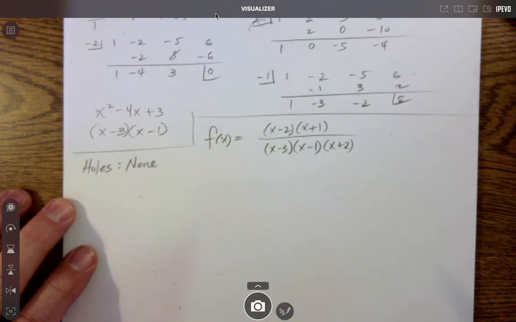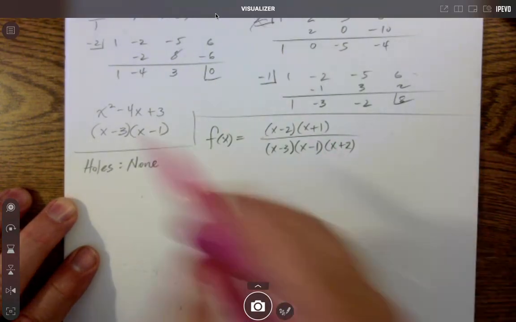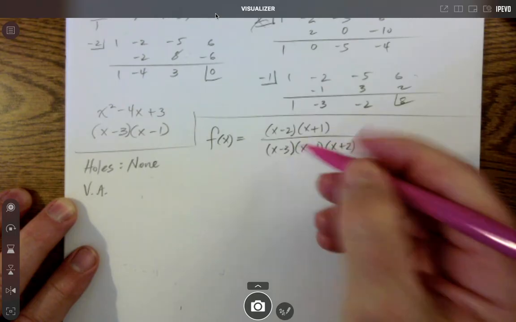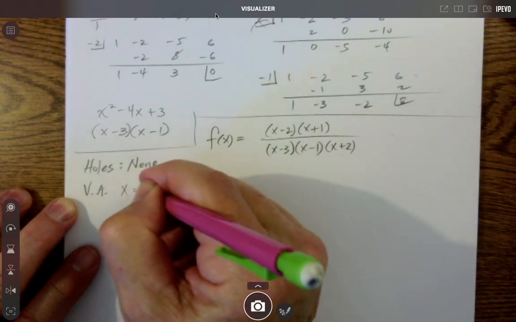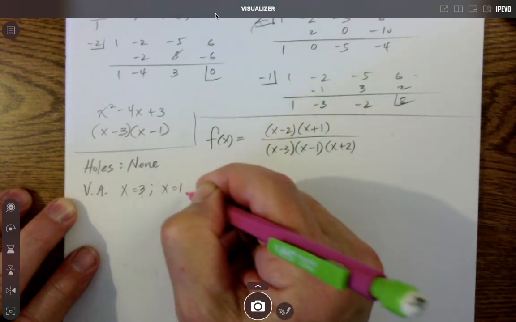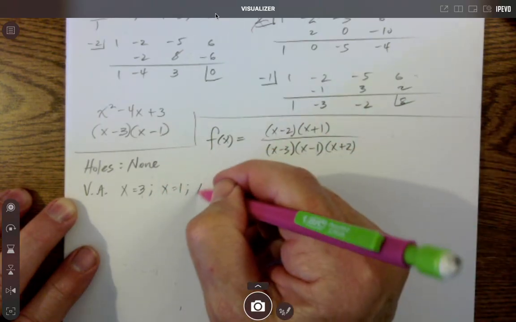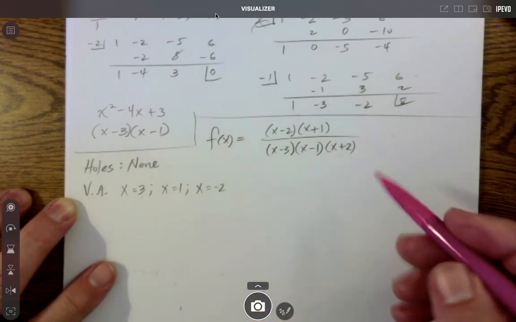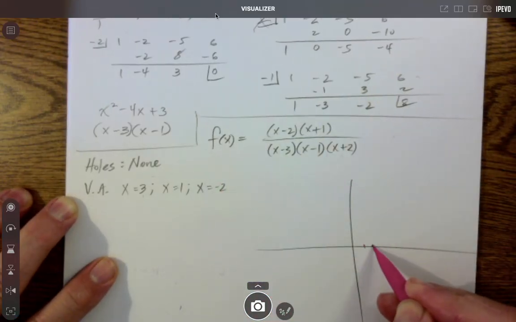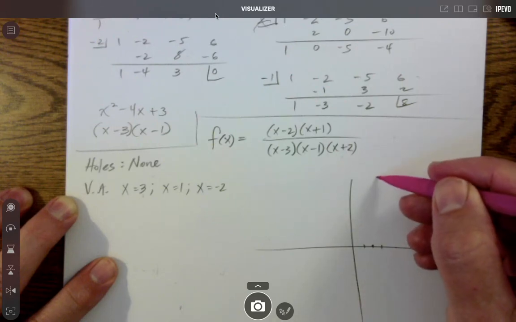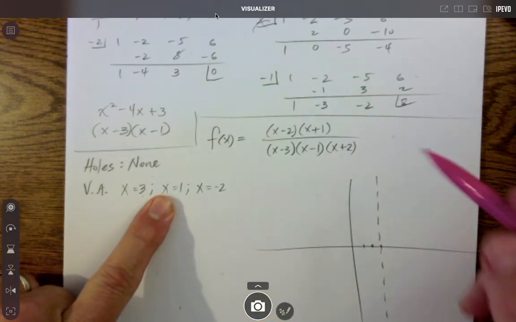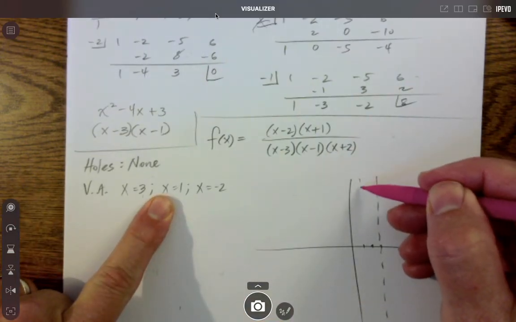What else? It looks like there's 3 vertical asymptotes. So vertical asymptotes, I've got x equals 3, x equals 1, and x equals -2. At 3, there's a vertical asymptote. At 1, there's a vertical asymptote.